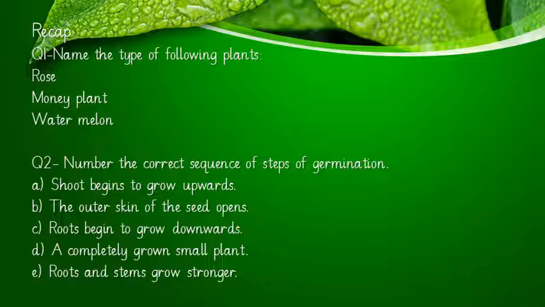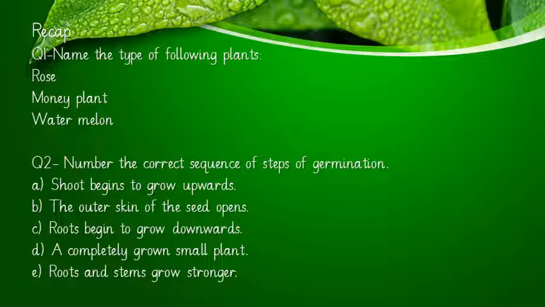Question number 1. Name the type of following plants: rose, money plant, and watermelon. Question number 2. Number the correct sequence of steps of germination. First one. A. Shoot begins to grow upwards. B. The outer skin of the seed opens.